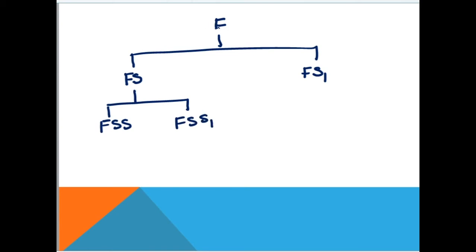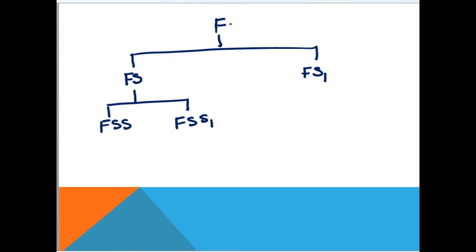Now let's say when the partition occurs between father F and his sons FS and FS1, these three will be the co-partners when the property will be divided amongst them.